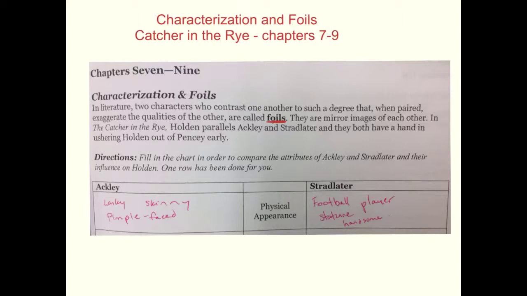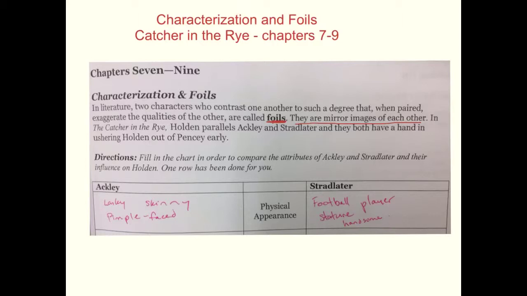These two characters are such extremes from one another, yet Holden interacts with both of them in a different way. So these foils are mirror images of each other. I want you to highlight or underline that line right there. They are mirror images of each other.